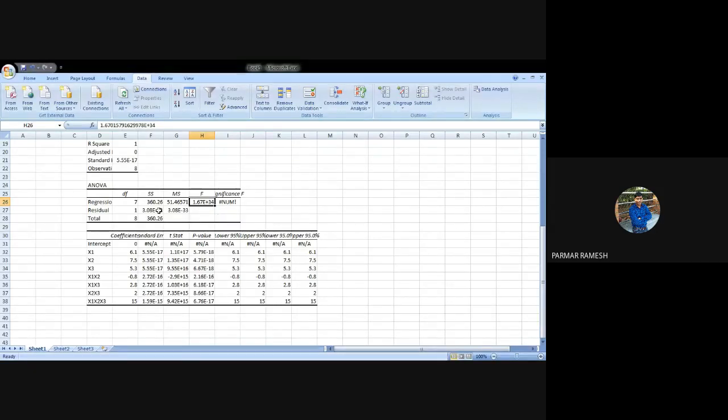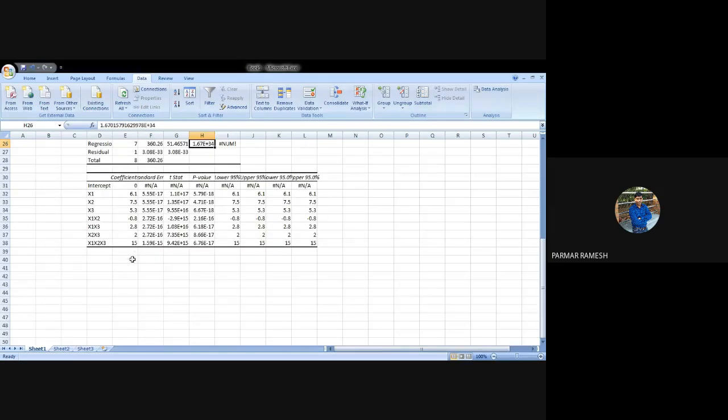In this ANOVA table, the F calculated value is very, very high. The ANOVA is similar to that which we were preparing, but this is a factorial ANOVA, and it will give the F value for the entire model, the entire relationship. The coefficients which we are getting are over here. The coefficient of x1 is 6.1, that of x2 is 7.5, that of x3 is 5.3, and so on.